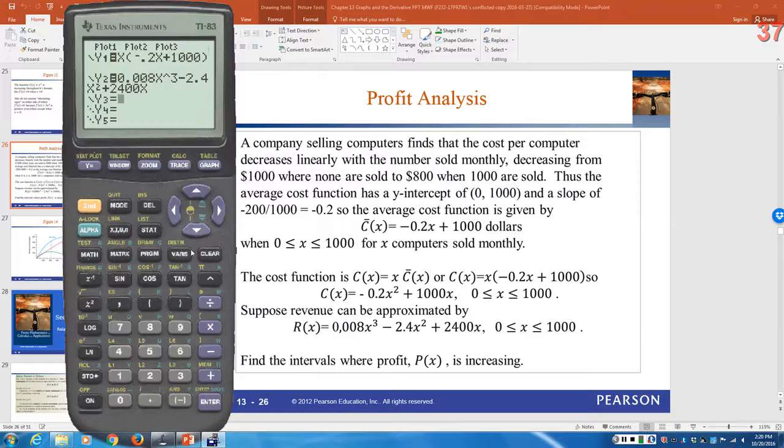So I've got cost, I've got revenue. What I want is profit. And profit is revenue, which is Y2, minus cost, which is Y1. And notice I don't even have to do the algebraic expression for it. I just want to look at its graph for the time being.